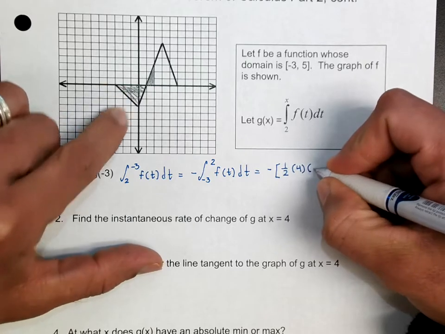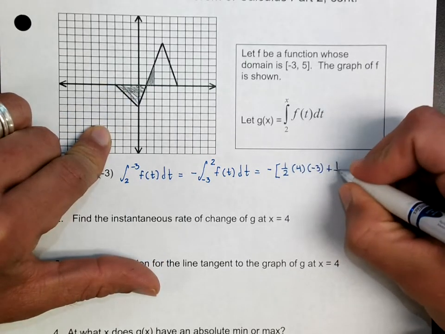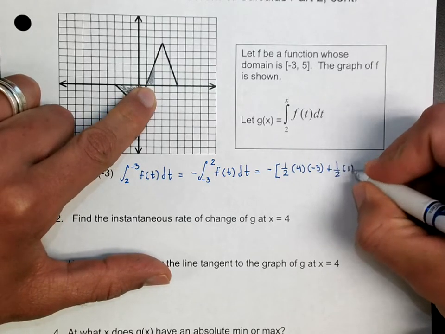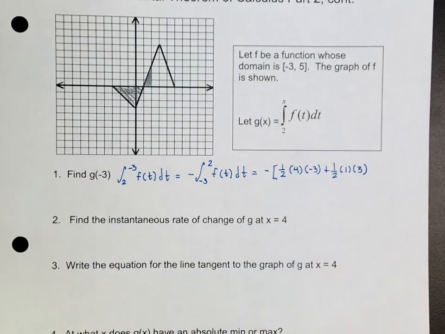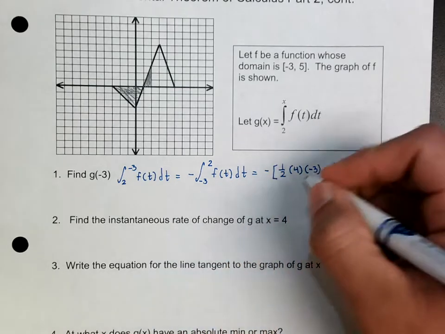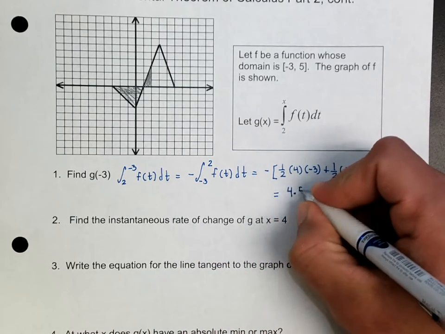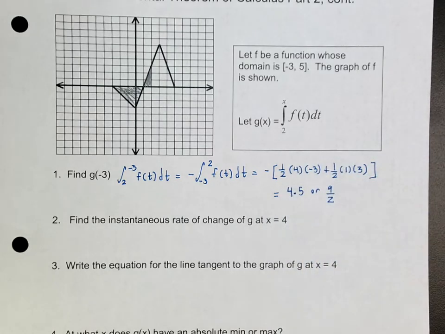The height is going to be negative 3 plus 1/2. The base of this one is 1. The height is 3. Okay. Now when we do the math there, the answer is either 4.5 or 9/2, whichever one you want to use. That's the answer for that.